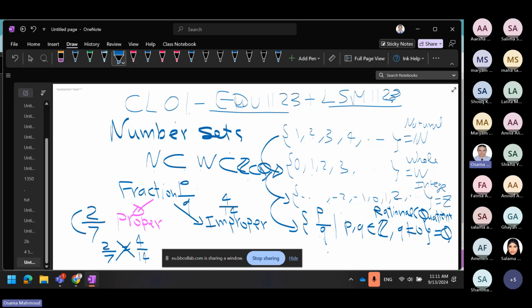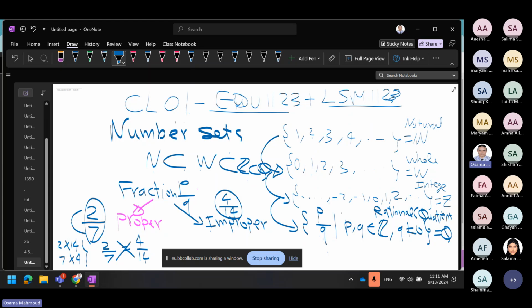Just cross multiply: 2 times 14 is the same as 7 times 4. This is why these two fractions are equal, or equivalent. But this one is improper, while the original one is proper. Both of them have a numerator less than the denominator.